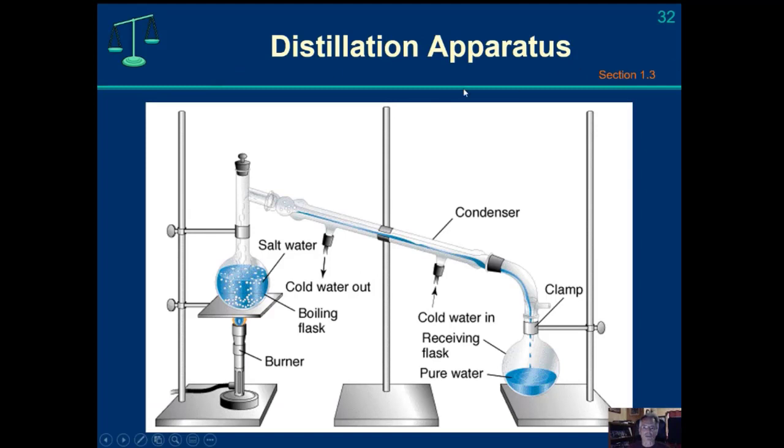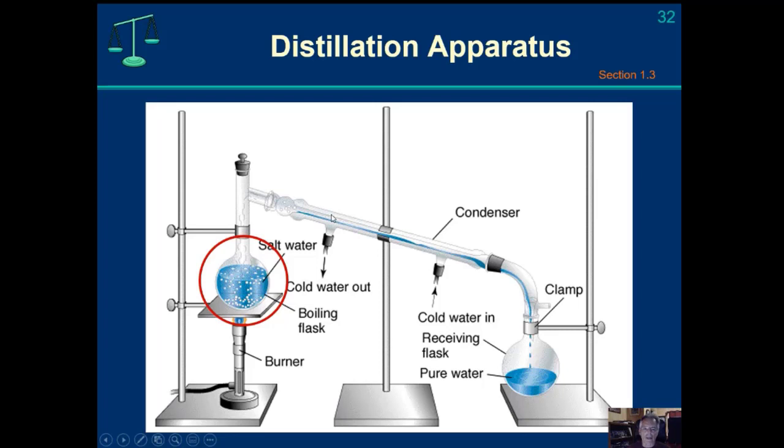This is a distillation apparatus used for separating the components of a homogeneous mixture. Presumably this is salt water. In this particular depiction, this is the boiling flask. We add energy, the water vaporizes, the salt stays down here in the boiling flask, and then as the water vapor rises, it enters a condenser.